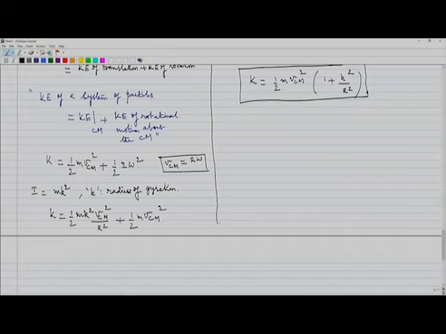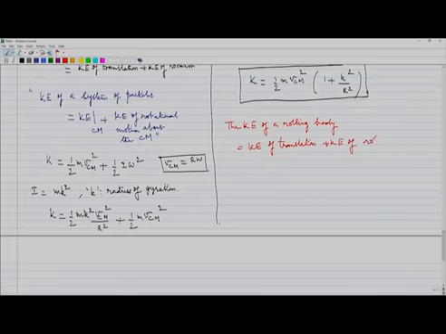So what is it that we have done? The kinetic energy of a rolling body is equal to kinetic energy of translation plus kinetic energy of rotation.